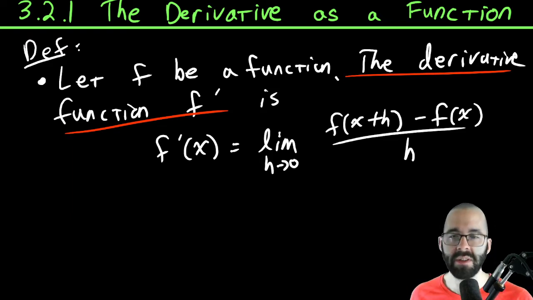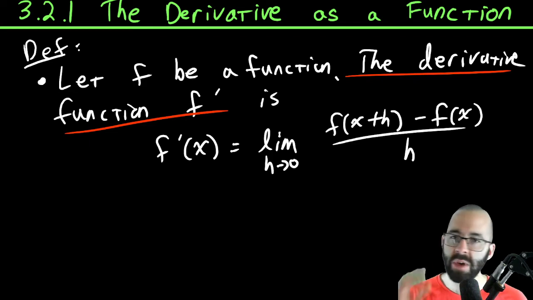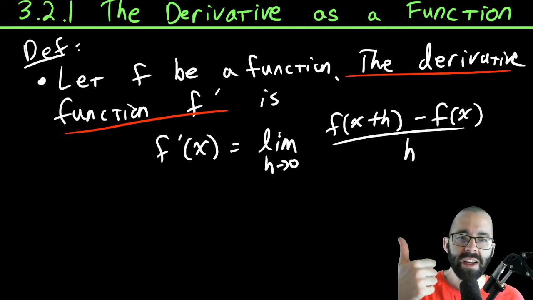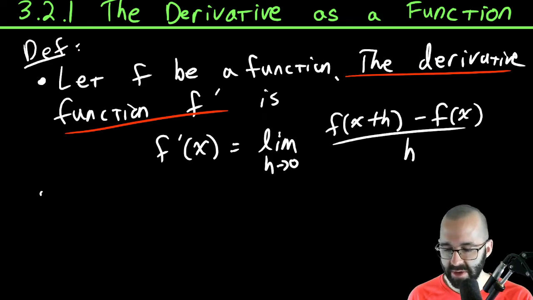Derivative is slope. Slope of the tangent line is the slope of the function. Slope of the function is the derivative. All these words mean the same thing. If we use this formula, which again, we've already done this basically, we can calculate the slope of a function anywhere we want. We're going to see that in action after a couple more very similar definitions.